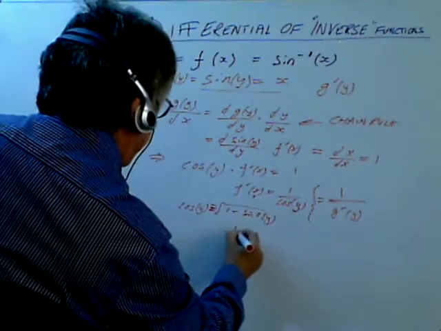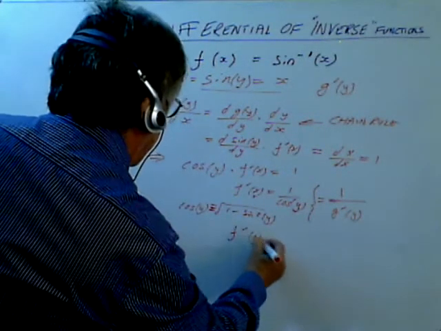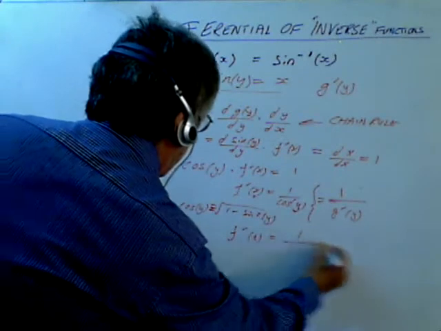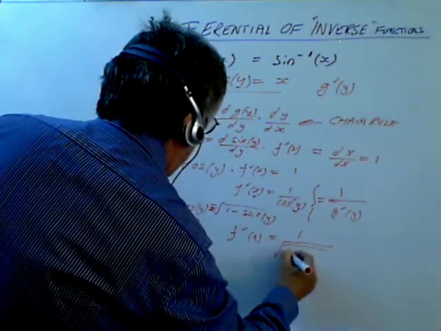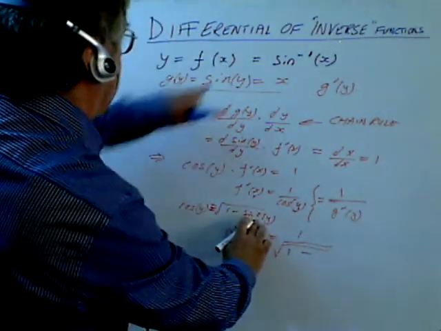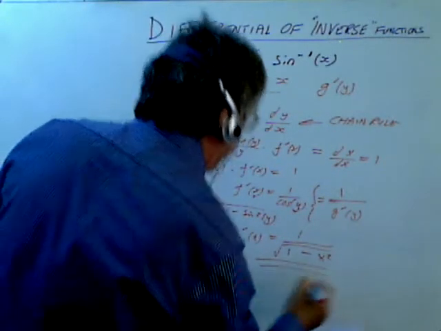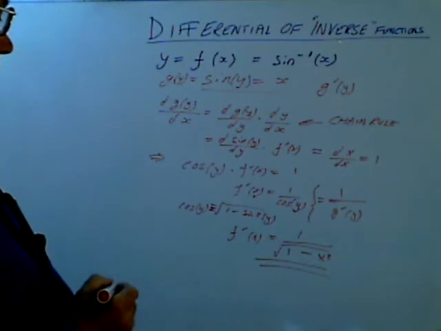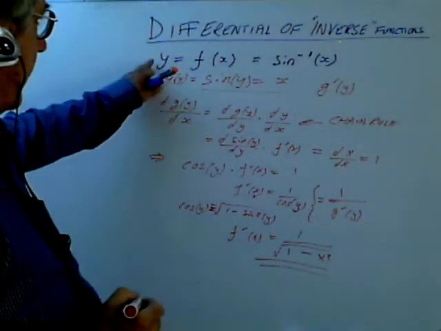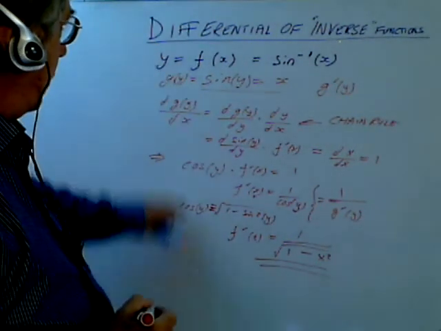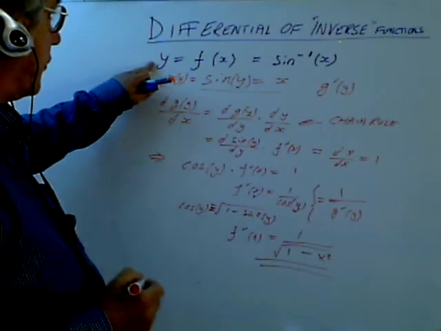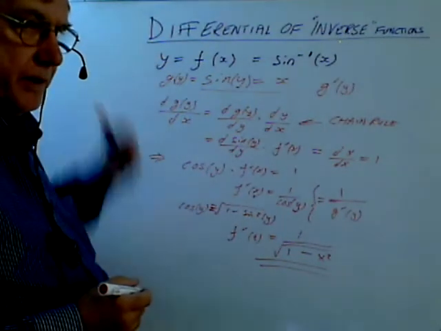Therefore, my f dash of x is equal to 1 over the square root of 1 minus x squared, since sine y is just x. So in this case we solved the problem.